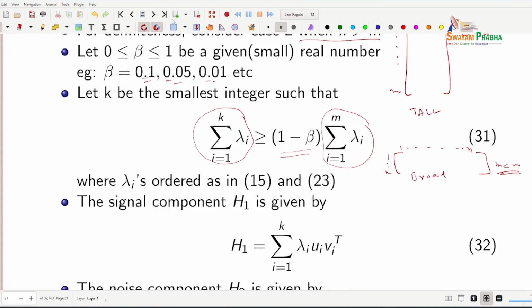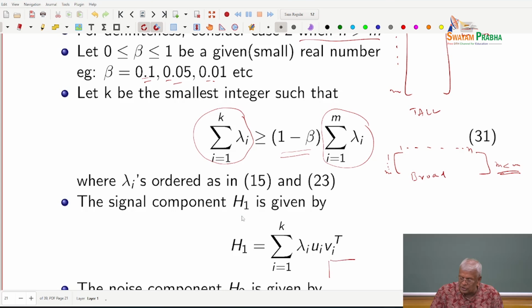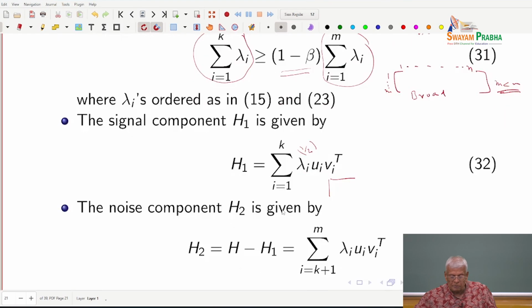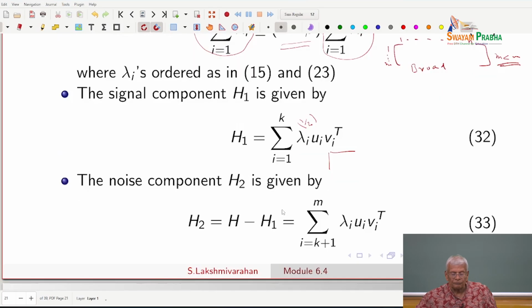So the signal component of H, H1, is given by the matrix Ui, Vi outer product matrix, weighted by lambda i to the power half. They are singular values. So the sum of the outer product matrices is H1.